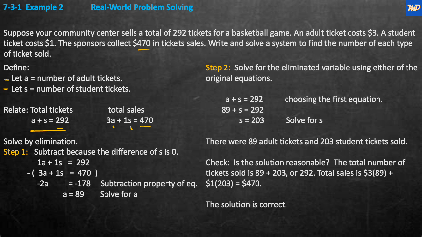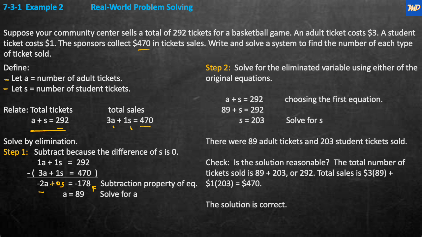So we're going to end up with 1A minus 3A is negative 2A, because we're subtracting, and we have 0S, which is equal to 292 minus 470, which is negative 178. So that's the new equation, but it's in one variable.